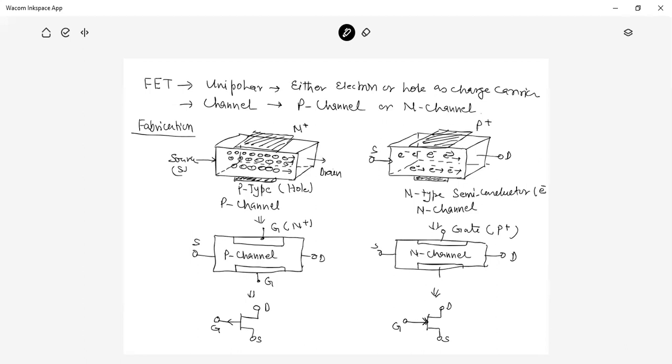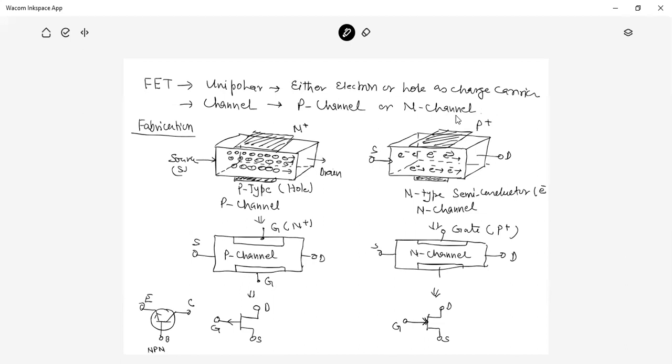As in the case of a transistor, we used to notate these kinds of symbols. This is collector, here it is emitter, and this one is base. If we put the arrow here, then it is termed as NPN transistor.